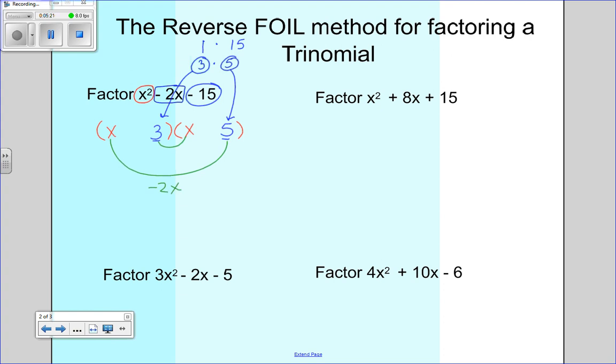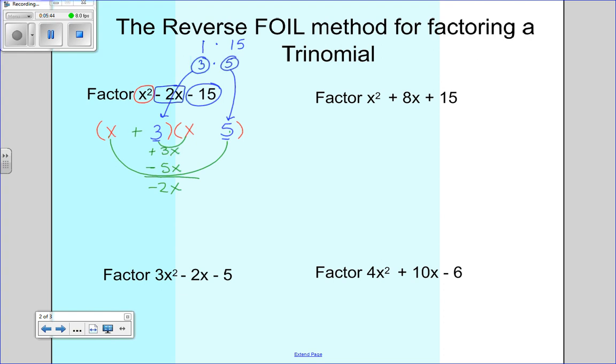So here we go. My inside is a 3x. My outside is a 5x, because 5 times x is 5x. Now, let's think of a way that we can put together 3x plus 5x or 3x minus 5x to get a minus 2x. It's a minus on the 5 and a plus on the 3x. When you combine those, you're going to get a minus 2x.